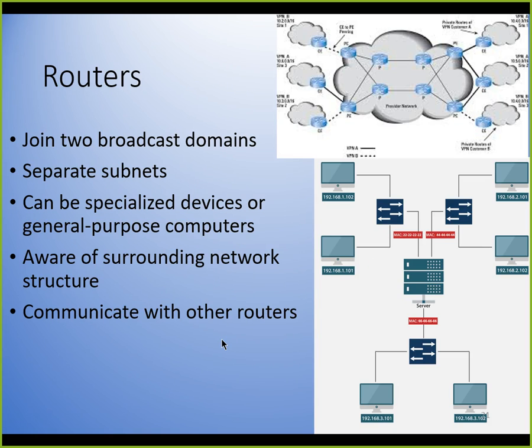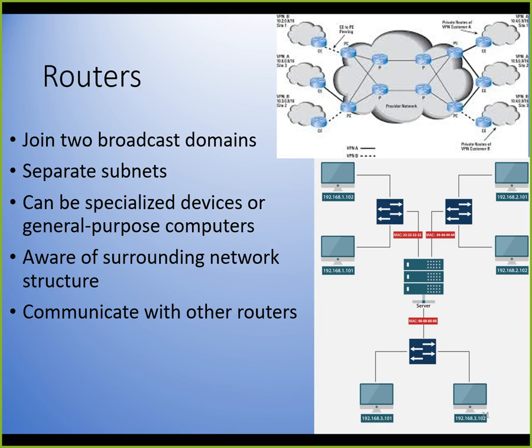Routers join two broadcast domains, separate subnets, IP networks. They can be specialized devices or general purpose routers, aware of the surrounding network structure, and they communicate with other routers to share information. What they really know when they start is what's connected to them, and then they share that with their neighbors, and their neighbor shares it with the next neighbor, tell a friend who tells a friend, and pretty soon everybody knows how to get to the networks that are connected.